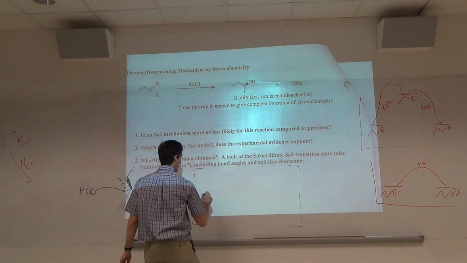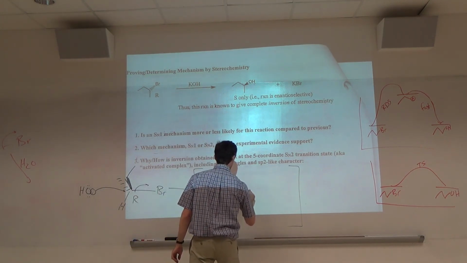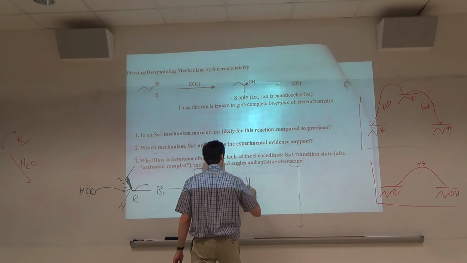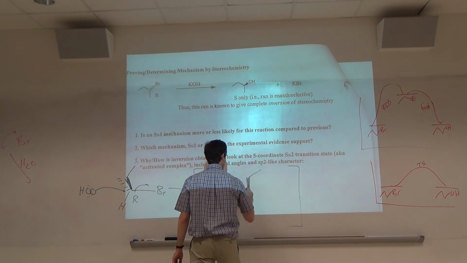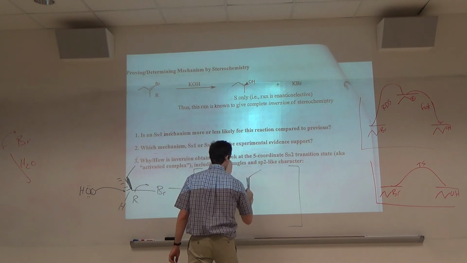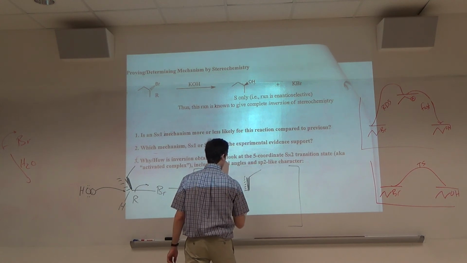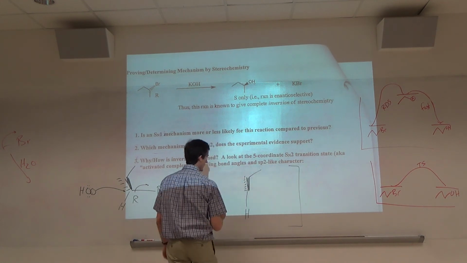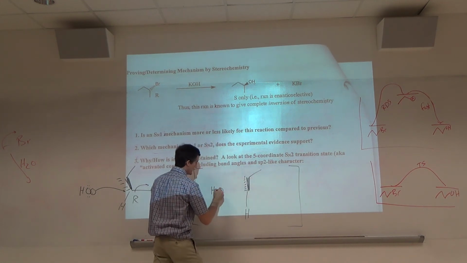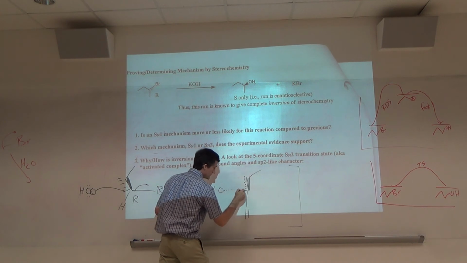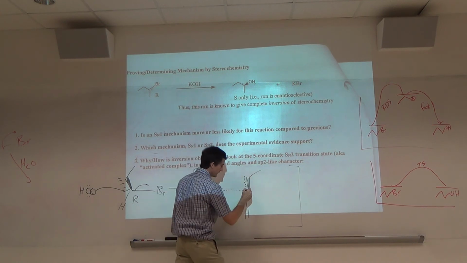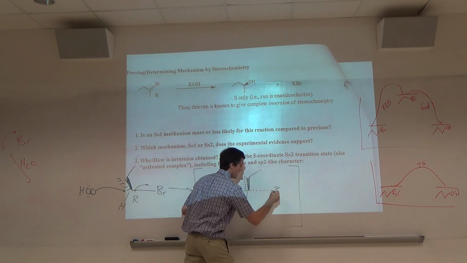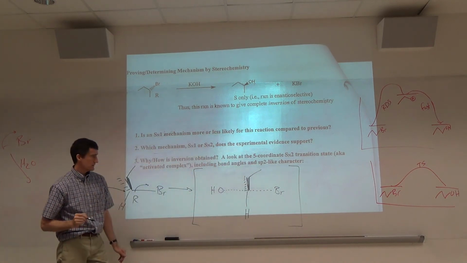What's it going to look like? We have a carbon. And this bond is forming. And as that's forming, what's happened to the Br bond? It's breaking, and so we can sort of show like this.